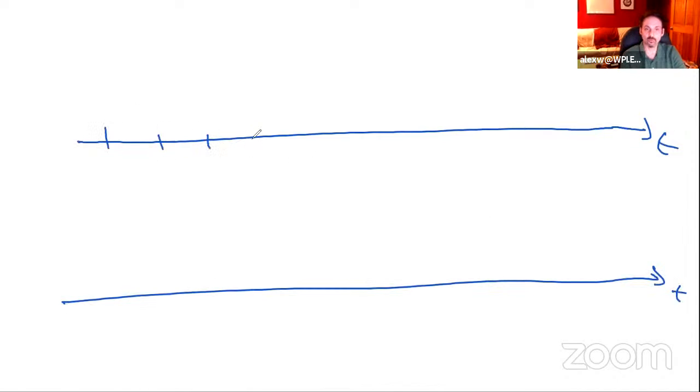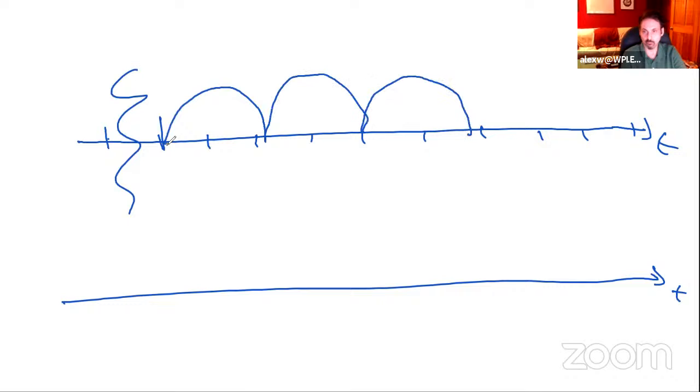0, 1, 2, 3, 4, 5, 6, 7, 8, 9, 10. So we're doing this. Forget about this guy. Again, pardon if I'm not getting the ticks right. 0, 1, 2, 3, 4, 5, 6, 7, 8, 9, 10.